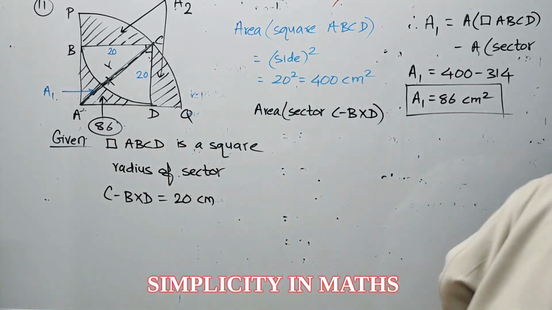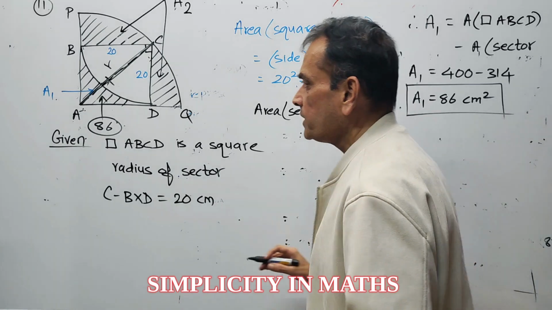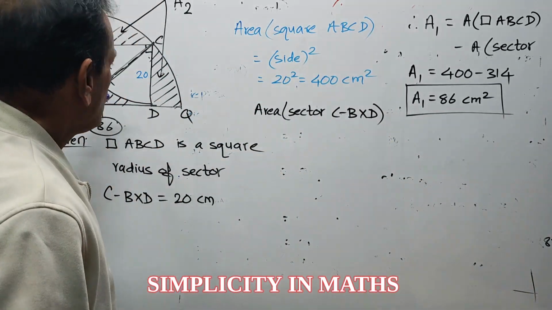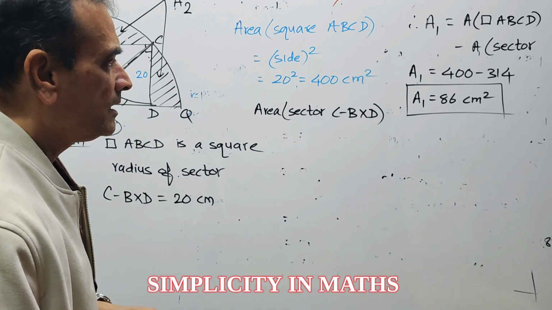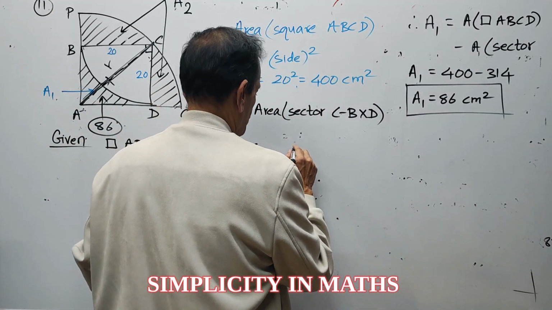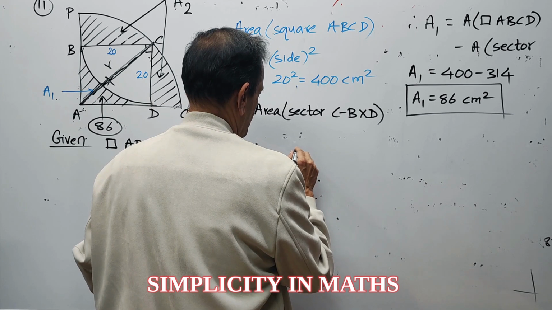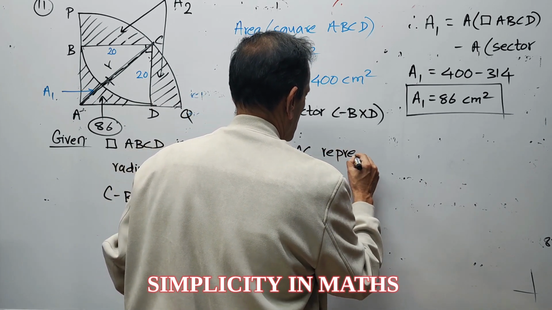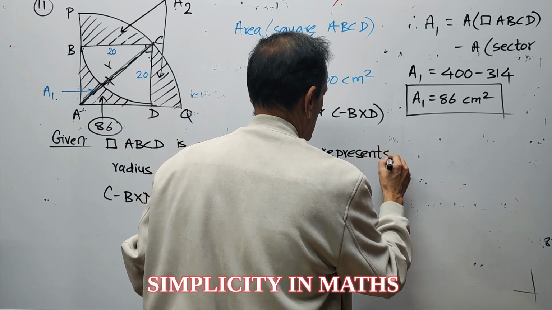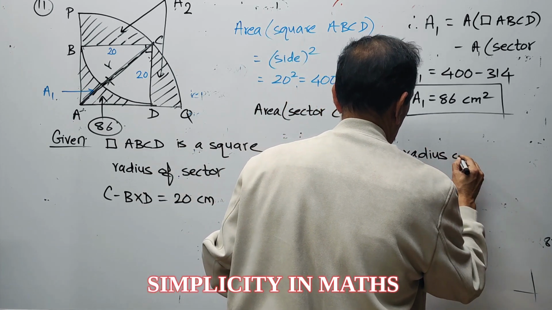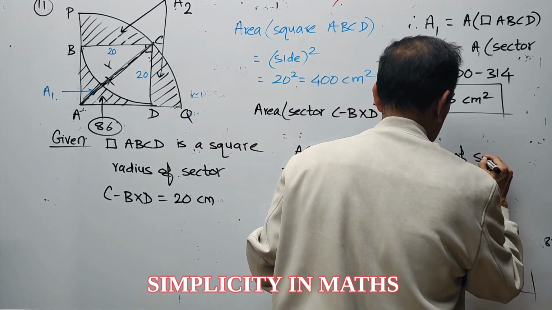Okay, अभी क्या करते हैं? I'll go to the square directly and say AC represents radius of sector.